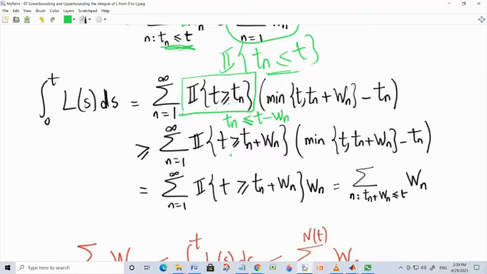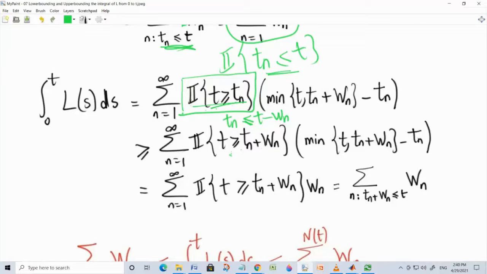So you go below T, which means that you eliminate some terms in this summation, and we are summing a negative quantity. Okay, so the trick here again is to have this upper bound: that indicator T greater than or equal to Tn is greater than or equal to the indicator T greater than or equal to Tn plus Wn.